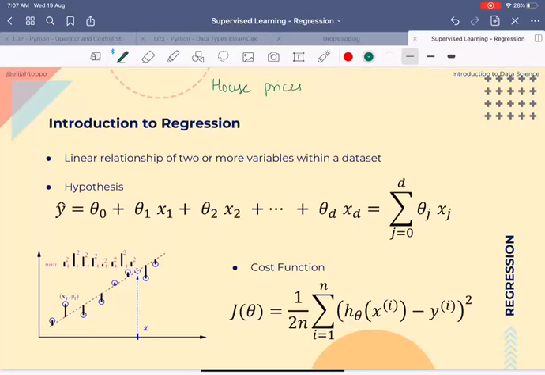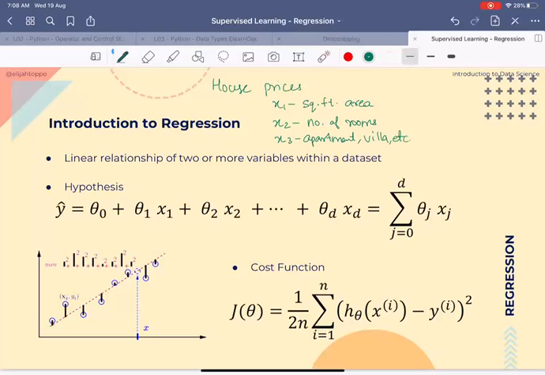Let's say x1 is the square feet area of the house, x2 is the number of rooms, and x3 is again categorical, like if the house is an apartment or a villa, and things like that.